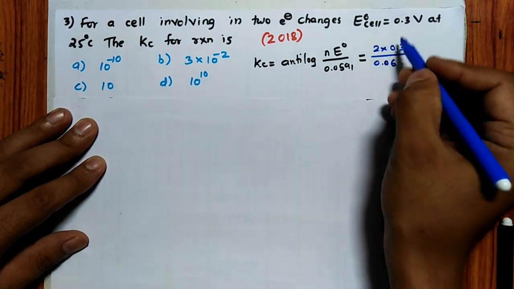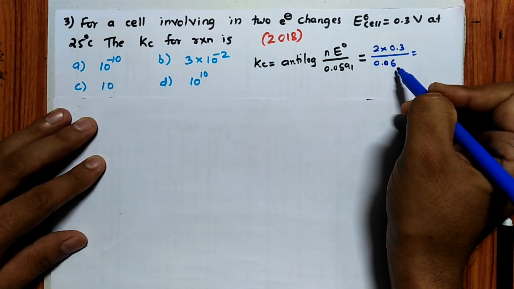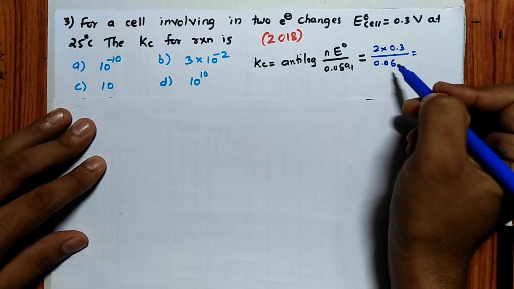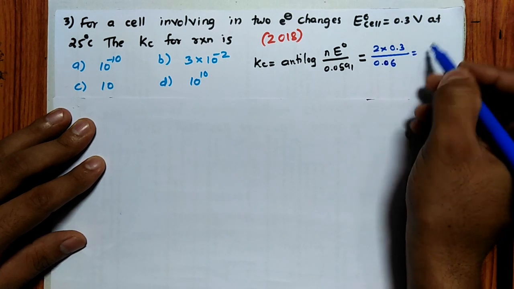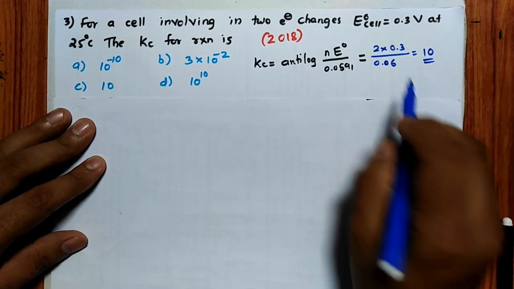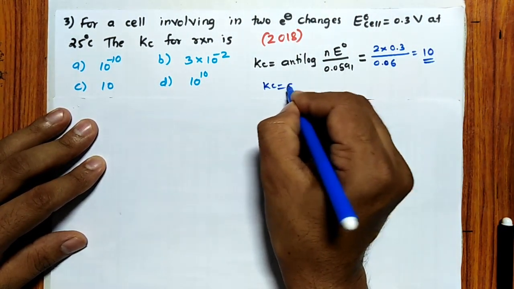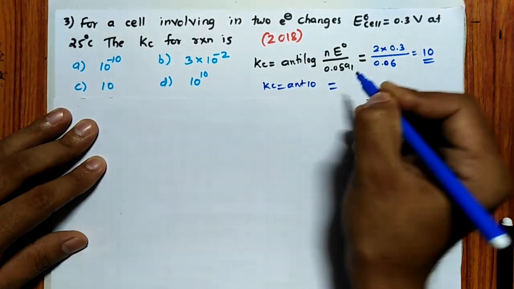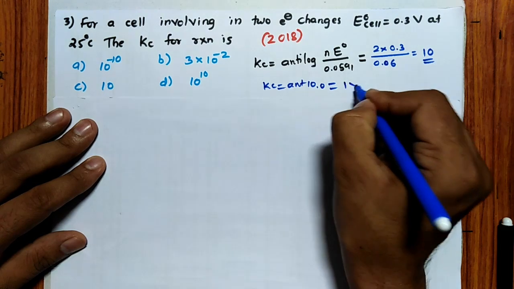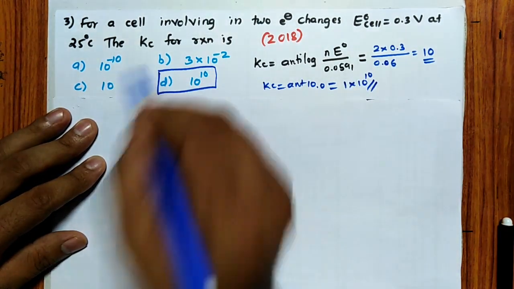So 0.3 into 2 is 0.6. 0.6 divided by 0.06 is 10. So Kc is equal to anti-log of 10. Anti-log of 10.0 is value 10.0. Anti-log of 0 is 1. So 1 into 10 to the power 10. So the answer for this particular question is D.